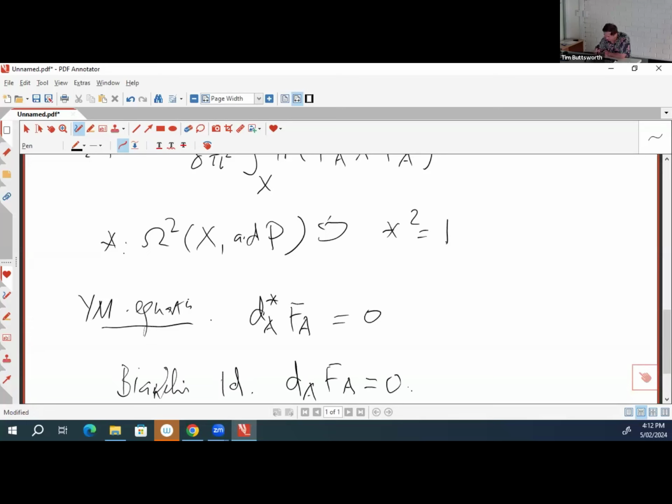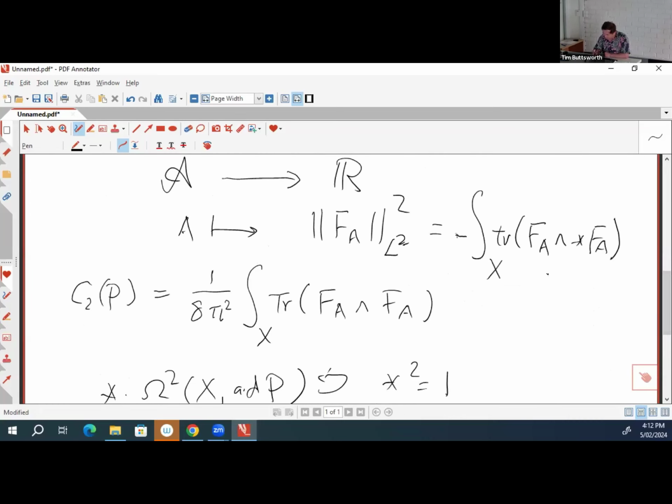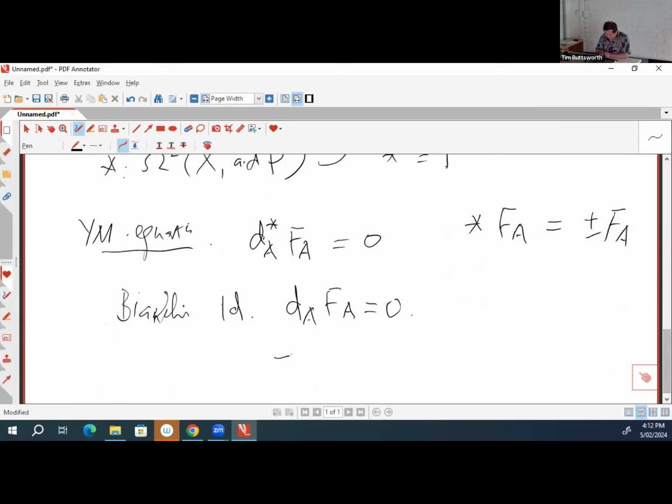And then if we have this curvature, which is either positive or negative, self-dual or anti-self-dual. Maybe we look at a quick rewrite: we can write the curvature in terms of the positive part, the self-dual part, and the anti-self-dual part.